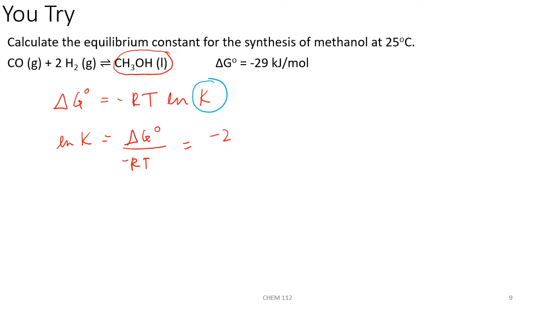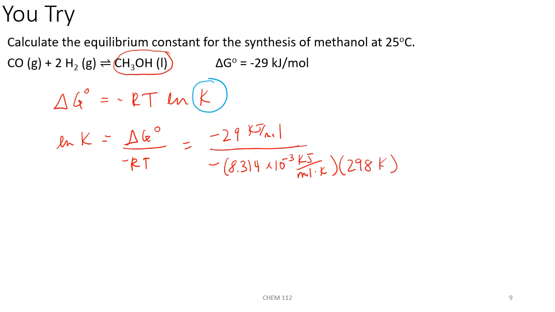Gibbs free energy is negative 29 kilojoules per mole over negative R, 8.314 times 10 to the negative third kilojoules per mole times Kelvin. And our temperature is going to be 298 Kelvin. So our ln of K comes out to being 11.7. And to get K, we have to undo the natural log function.